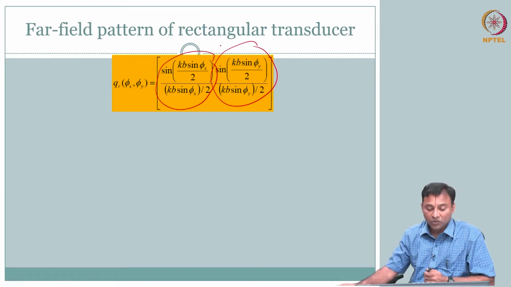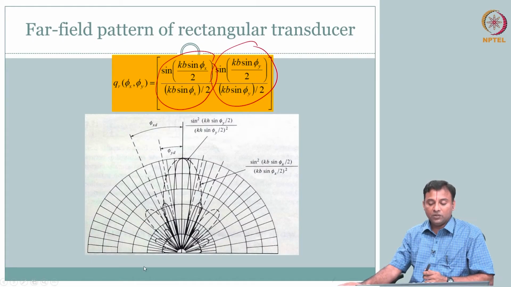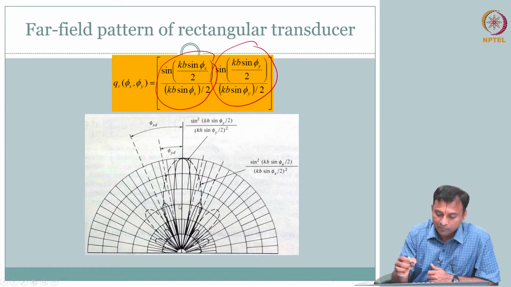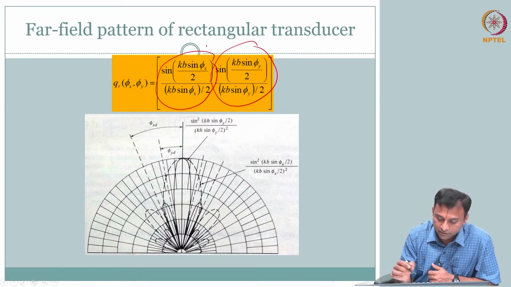Okay. So it turns out that, here, I think I made a mistake. One has to be h. So the x direction is B, the y direction is h.